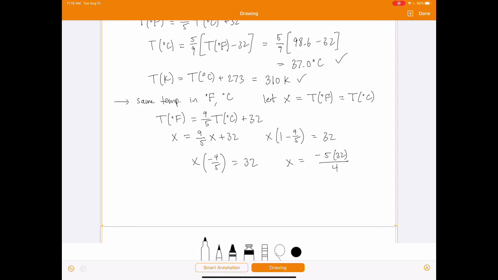What does that work out to? Well, that's minus 40. So in other words, minus 40 degrees Celsius is the same as minus 40 degrees Fahrenheit. That's the only temperature where the two scales give you the same numerical value.